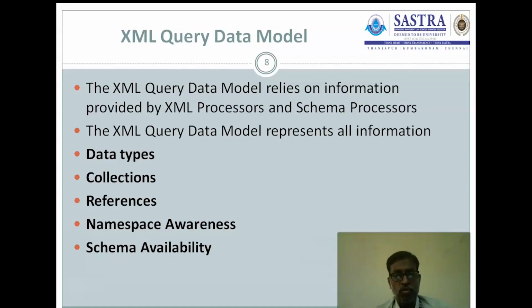The XML query data model should represent all information. It contains data types, collections, references, and namespace awareness. What is a namespace? Logically related classes or contexts grouped together and available within a single umbrella is called a namespace. For namespace awareness, take the XSL style sheet, xmlns:xsl.